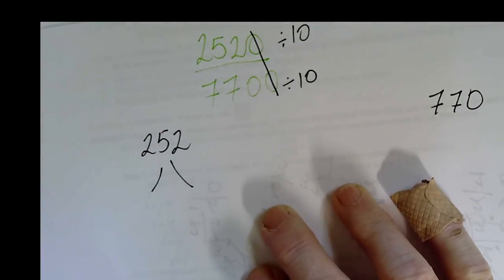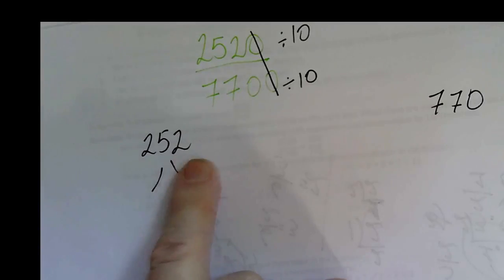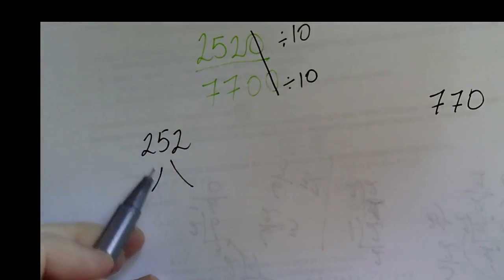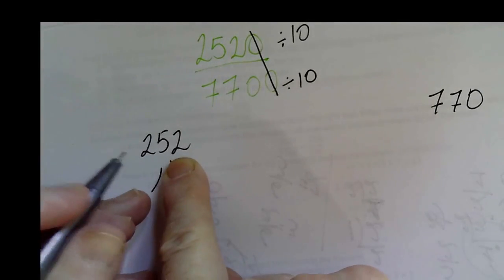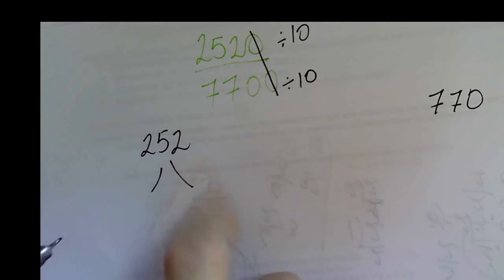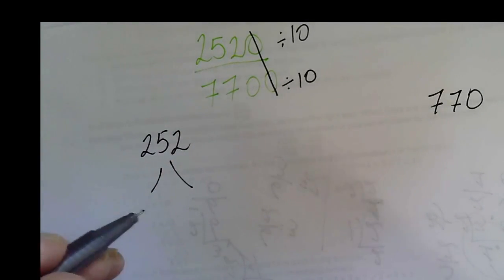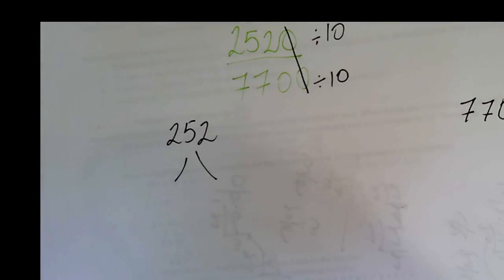And I'm going to go in order with my prime numbers and start with 2. I know that 2 will go into this number because the rightmost digit is 0, 2, 4, 6, or 8.